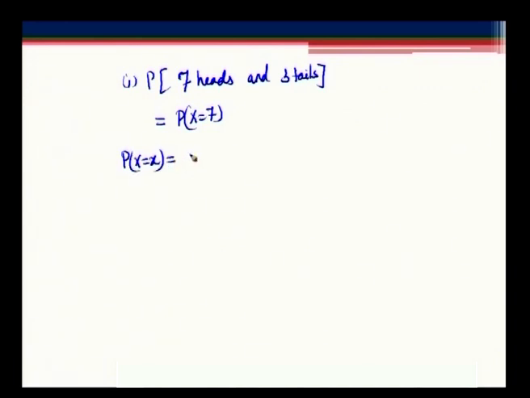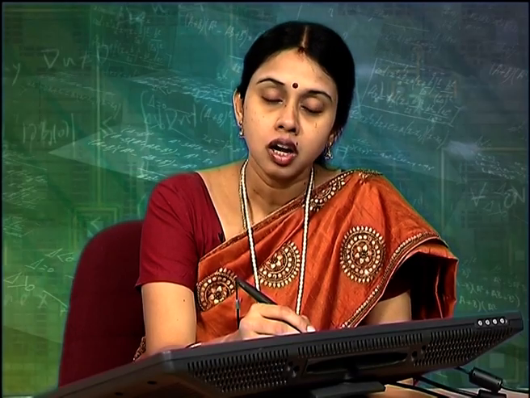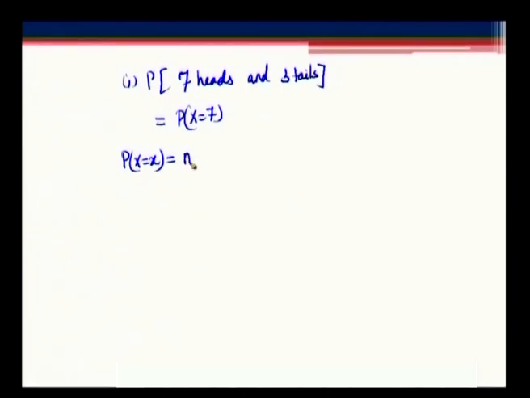This is a binomial distribution, although it is not mentioned in the problem that x is following binomial distribution. Whenever you have equal probabilities and the probabilities of success and failure are such that p plus q is equal to 1, we can use binomial distribution. So, P of x is equal to x is nCx p power x q power n minus x.